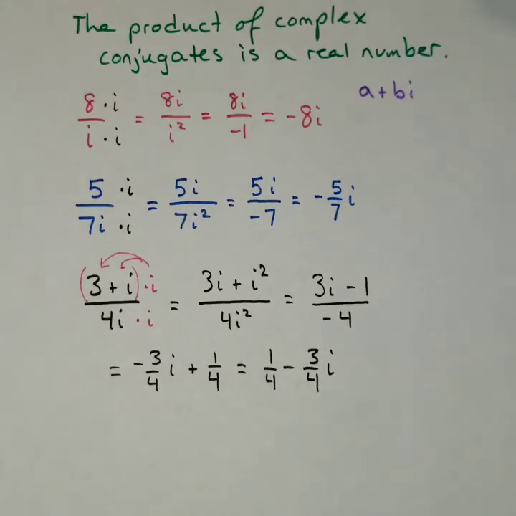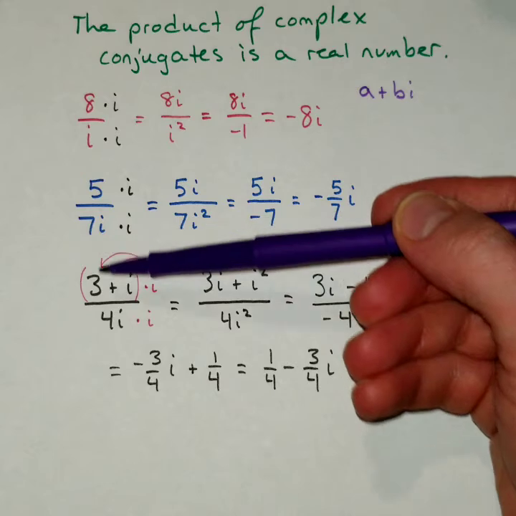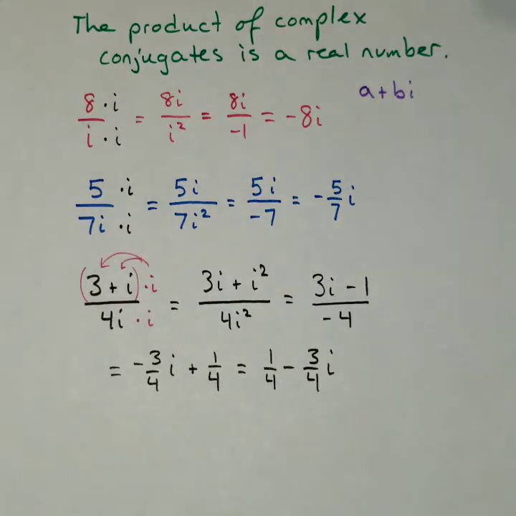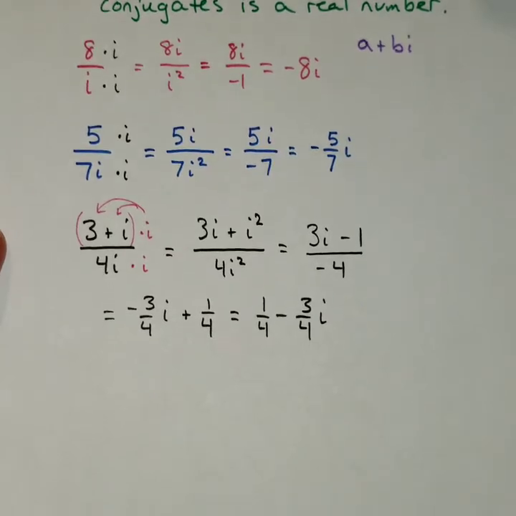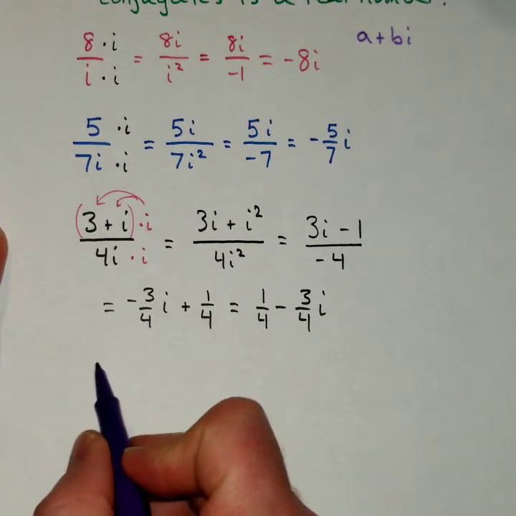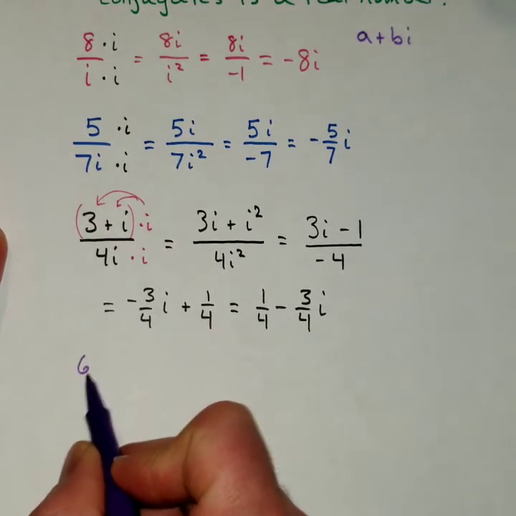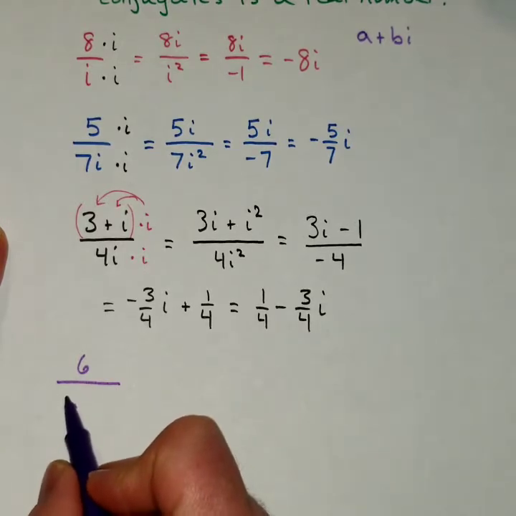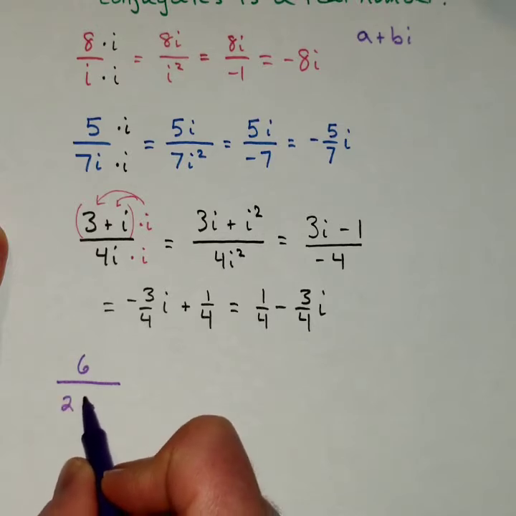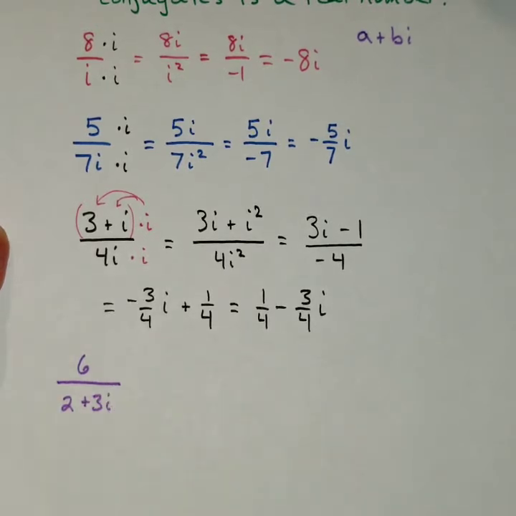Alright, now we're also going to look at more complicated denominators. Notice I've only used imaginary numbers on the bottom. I can also use bigger complex numbers with a plus bi on the bottom. So something like 6 over, let's go with 2 plus 3i. 6 over 2 plus 3i.